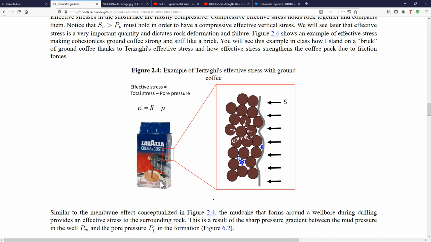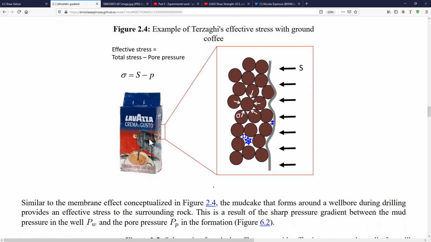A package of coffee under vacuum has an effective stress which is equal to the atmospheric pressure. Why?